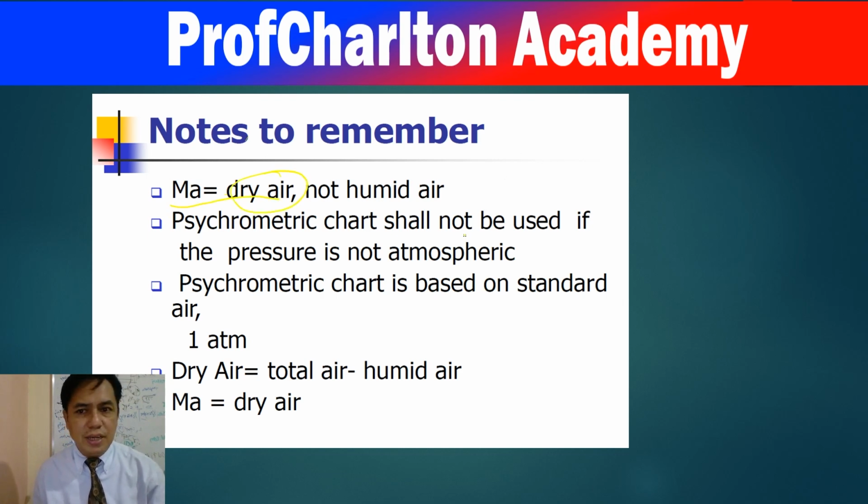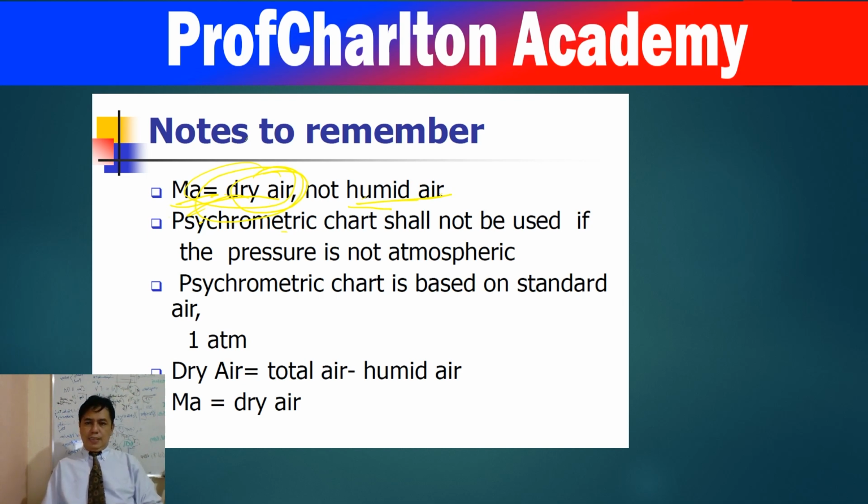Because if you get the mass of the humid air, you still have to add the water vapor content in the air. So what we're talking about here, as far as M sub A is concerned, is based on dry air, not the humid air. The humid air has a component of water vapor.